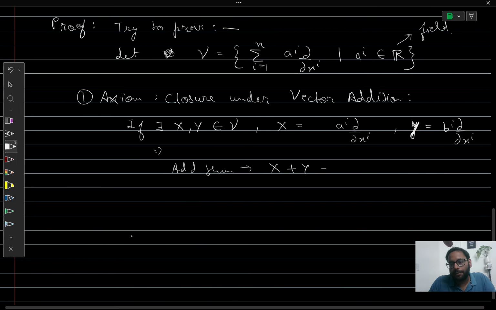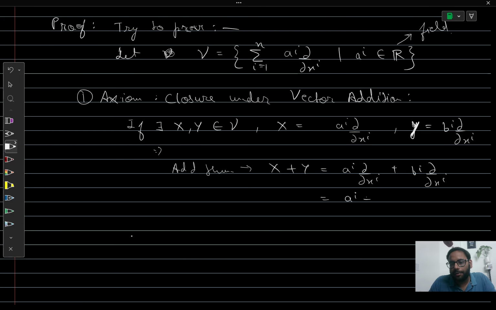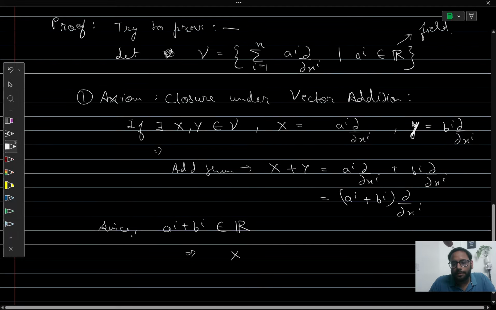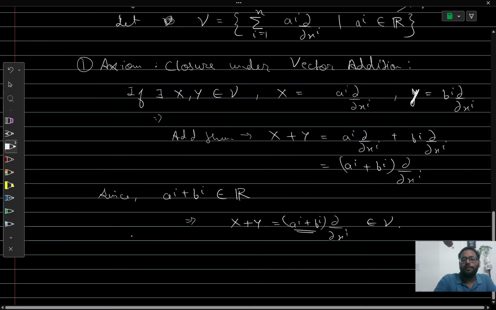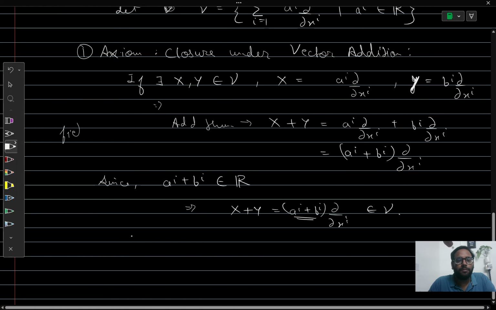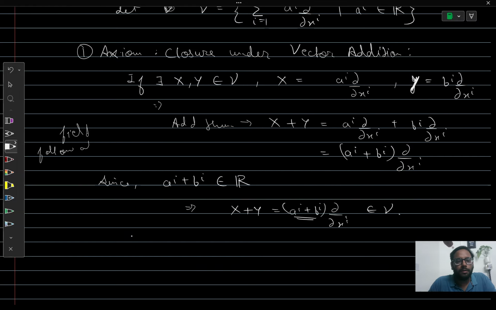Let x plus y equal (ai plus bi) ∂/∂xi. Now since ai plus bi belongs to R, x plus y will also belong to this space, because this is again a scalar, since a field follows all algebraic properties.